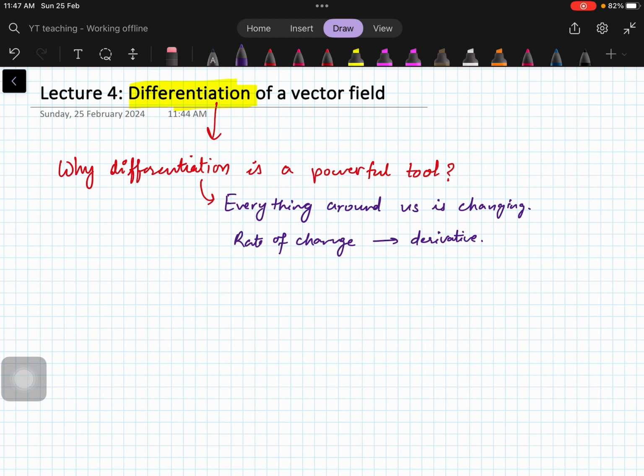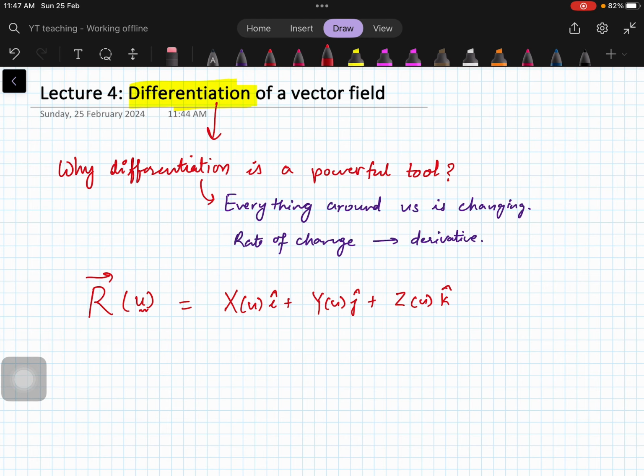So we would like to know how we can differentiate vectors. It's very simple. I told you what is a vector field. Suppose we will keep it very simple. Suppose there is only one variable. So vector field means you have a function of u which is a vector. So you have something like x(u) i cap plus y(u) j cap plus z(u) k cap.